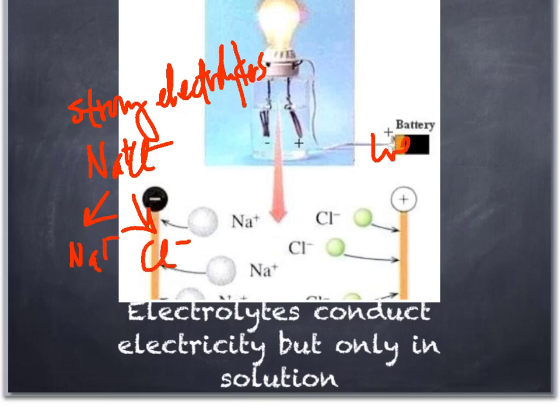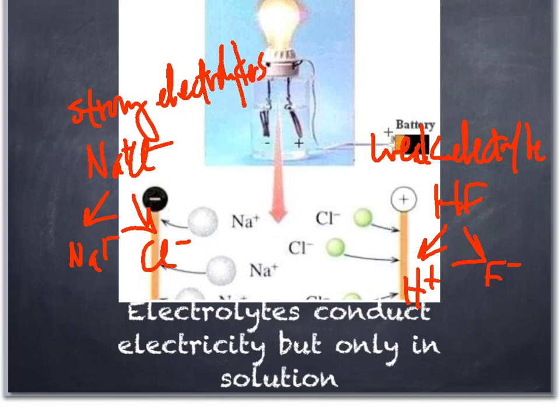But when you have a weak electrolyte, like for example hydrofluoric acid, not all of it separates into ions. A lot of it stays in the molecular form, and so it's not as good a conductor of electricity. So it ionizes less than 100%. If it's a weak electrolyte, it ionizes less than 100%; if it's a strong electrolyte, it ionizes 100%.